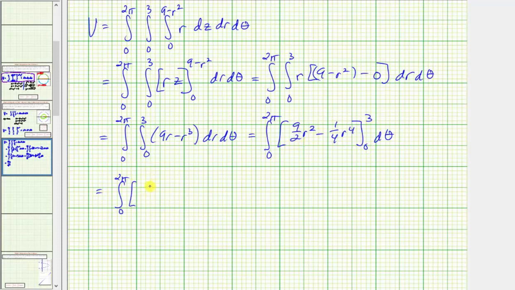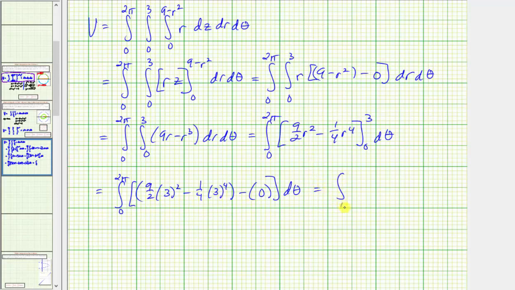So when r is 3, we have 9/2 times 3 squared minus 1/4 times 3 to the fourth, minus, notice when r is 0, both terms would be 0. And this expression here simplifies to 81/4.